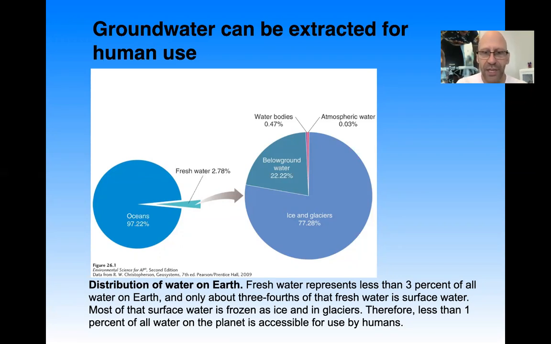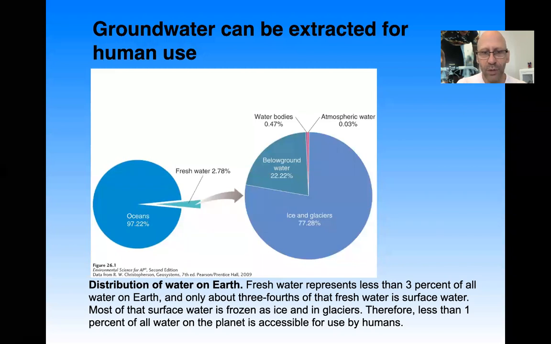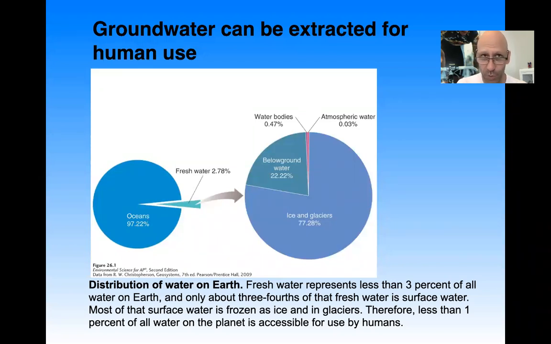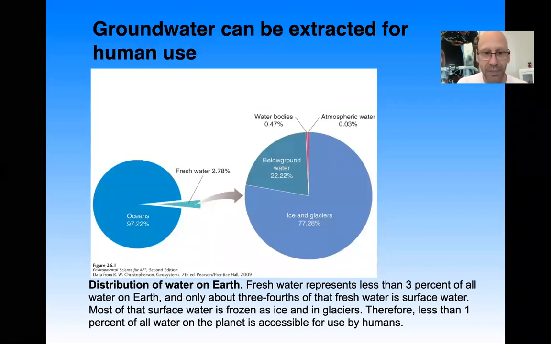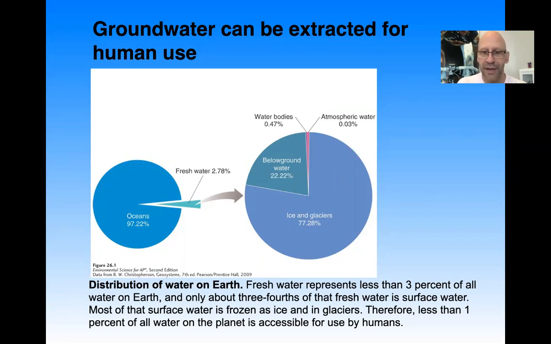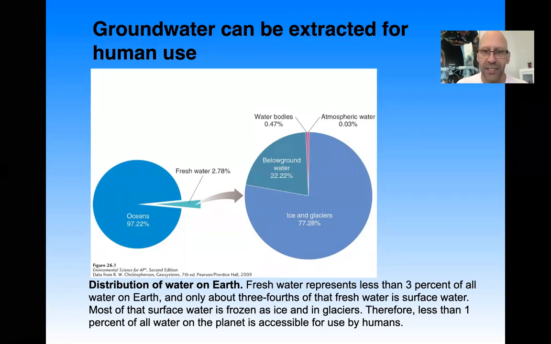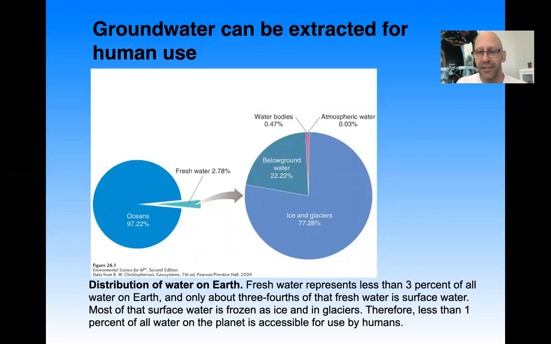The important thing is that only about 3% of the total water on the planet is available to us as fresh water. And of that 3%, a huge chunk of it is locked up in the glaciers, just over 77% of it. And that changes as the glaciers melt.